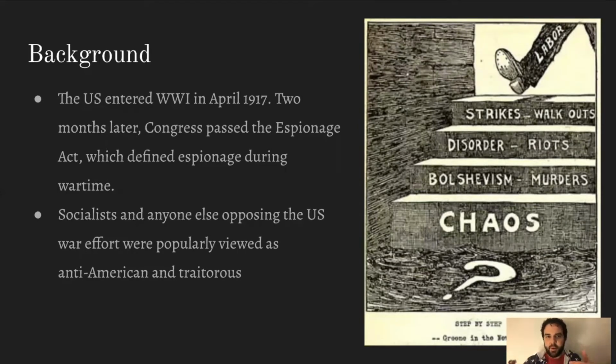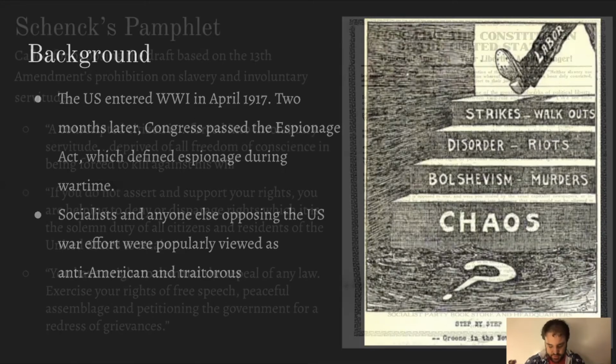This popular idea that ideas espoused by socialists would inexorably lead to the destruction of the country, that the question of what to do with the socialists and communists was an existential question for the United States. And this is really important for considering why the Supreme Court ultimately in this case decides to allow the government to restrict speech in this case.